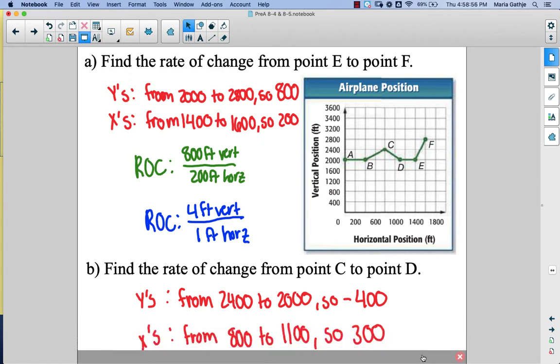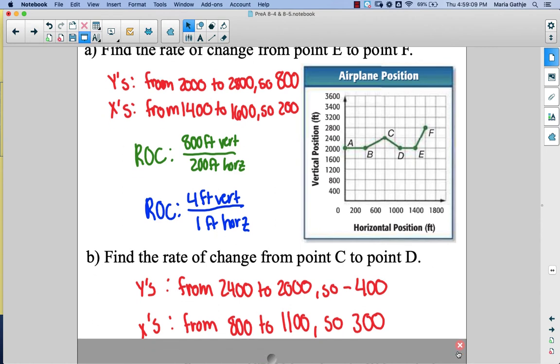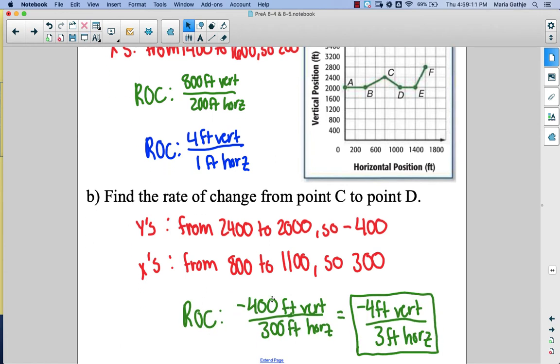The x's go from 800 to 1,100, so a change of 300. Now I want you to find the reduced form of the rate of change with the labels. When I find that reduced form, I end up with negative 400 feet vertically over 300 horizontally reduces to negative 4 feet vertically for every 3 feet horizontally.